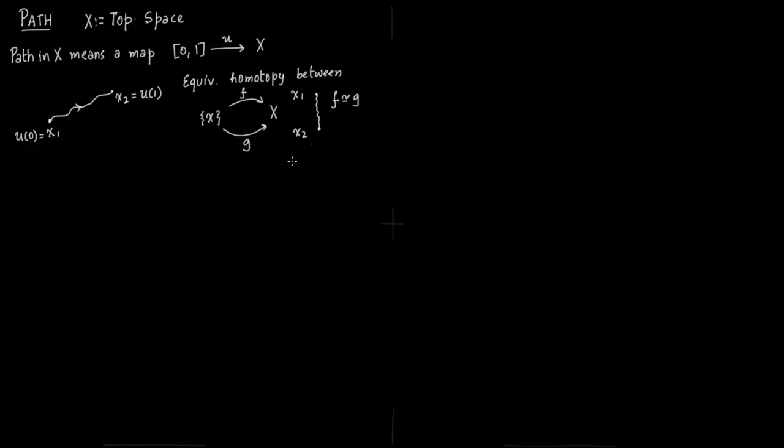Because F will map small x to x1 and G will map small x to x2, and the homotopy is the path from x1 to x2 as you traverse the unit interval.